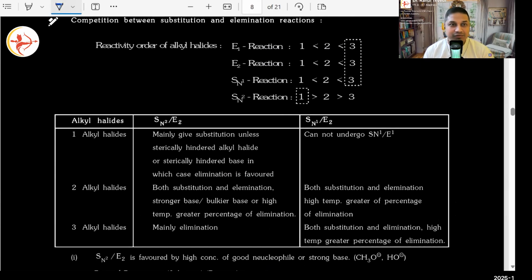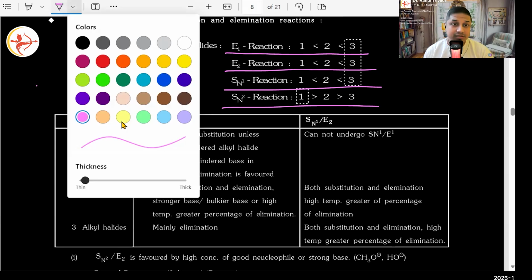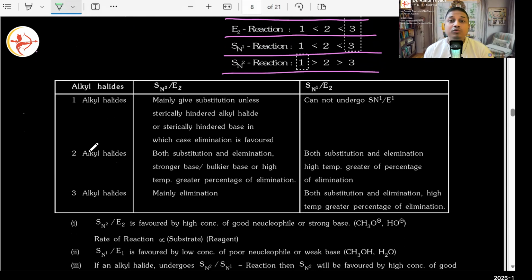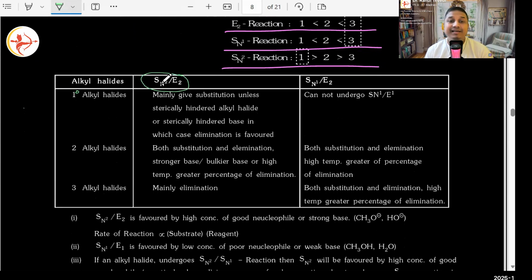Once again, to give you the detail in short, you have understood the reactivity order. The basic reactivity order is clear to you. Once that is clear, the question arises, who will undergo which type of reaction. If you're comparing alkyl halides and there is comparison between SN2 and E2, one thing we know is that they need high concentration of good nucleophile or a stronger base for SN2 or E2 to happen.